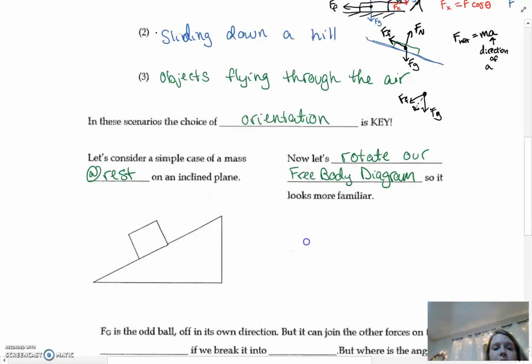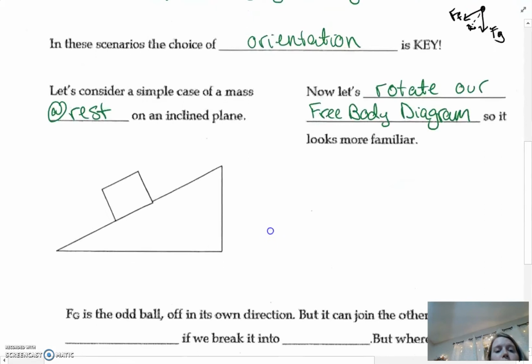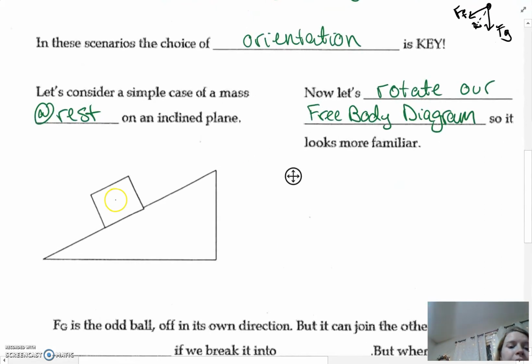If we consider a simple case of a mass at rest, so it's no longer sliding, and we draw all the forces that act on that, we have Fg straight down. We have the normal force perpendicular to the surface.